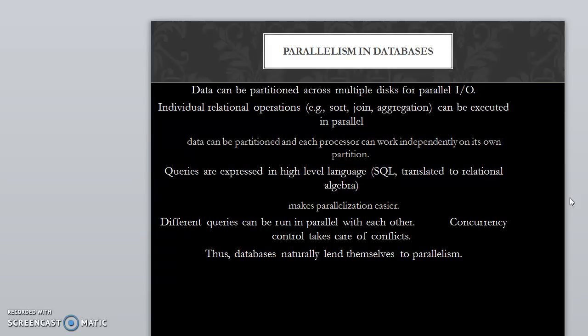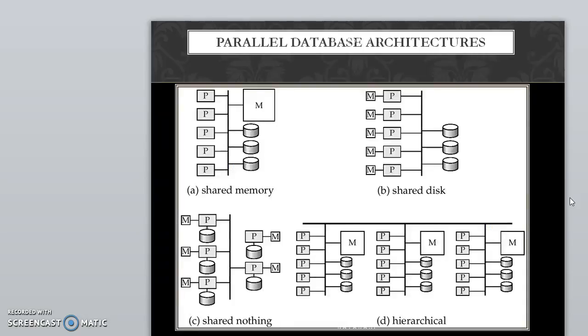Queries are expressed in a high-level language such as SQL, and they are translated to relational algebra. Different queries can be run in parallel with each other, and concurrency control takes care of the conflicts. Databases naturally lend themselves to parallelism.